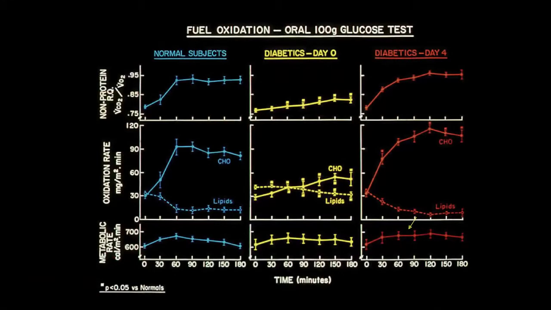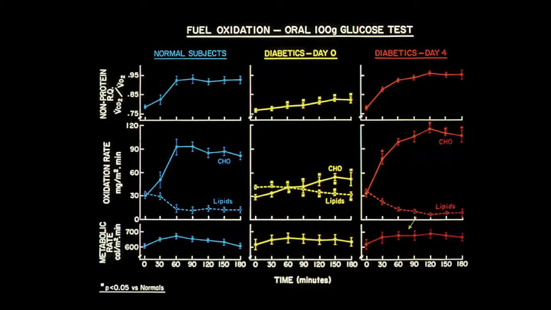This next slide shows that, in fact, it can be done. You see, in the fuel oxidation slide, we give the patients 100 grams of glucose. And as you see on the left side in blue, normal subjects, the CHO comes up, meaning that carbohydrates are being used. And the lipids, in blue, go down. That's what happens when you give somebody glucose.